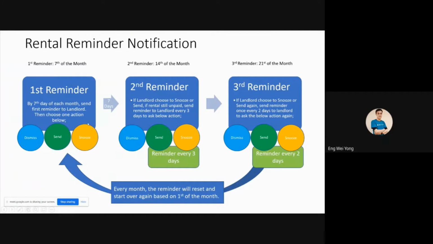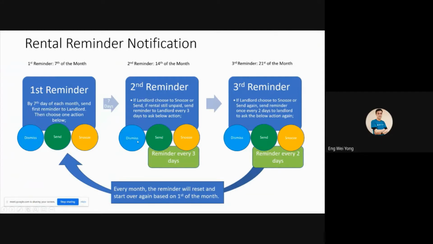Okay, so if you click on snooze for the first reminder, 7 days later the app will send you a second reminder, right? On the second reminder, you will get the same options: whether you want to dismiss, send, or snooze the reminder again.